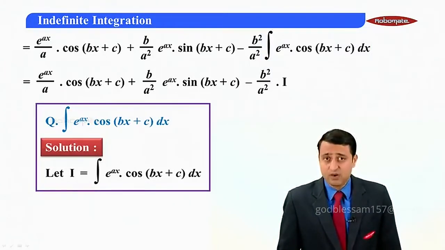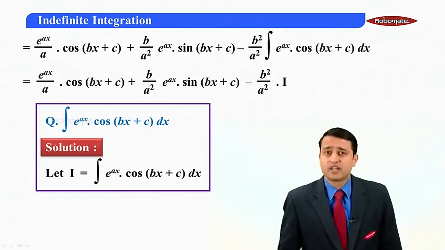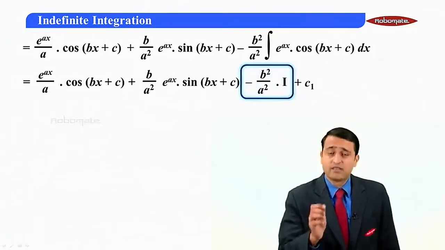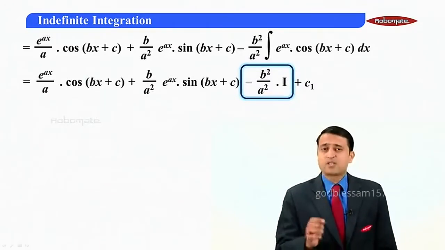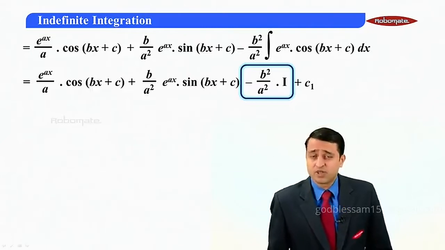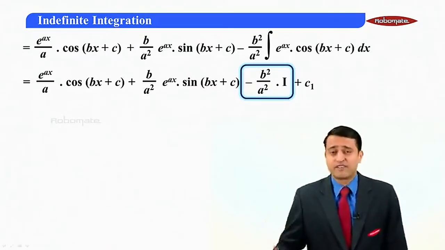Correct? Now we have an integral on the right hand side, and because there is no integral sign, I put a plus c1. Minus of b square by a square I is on the right hand side, I on the left hand side.